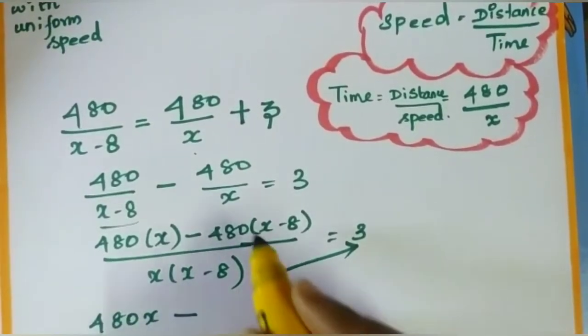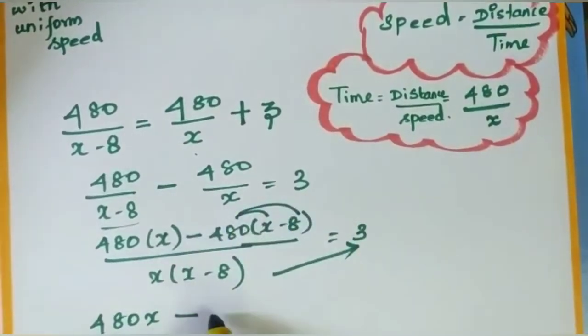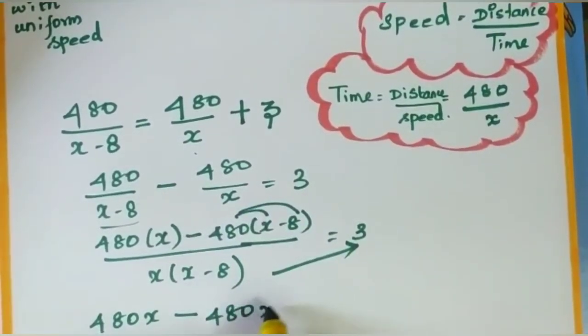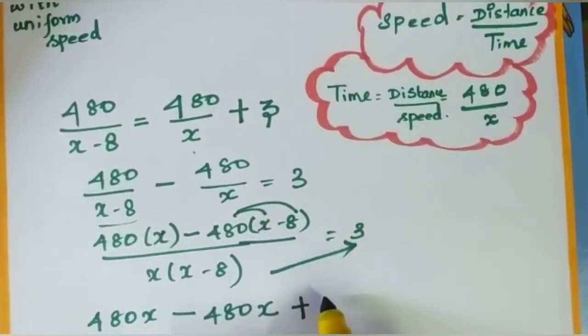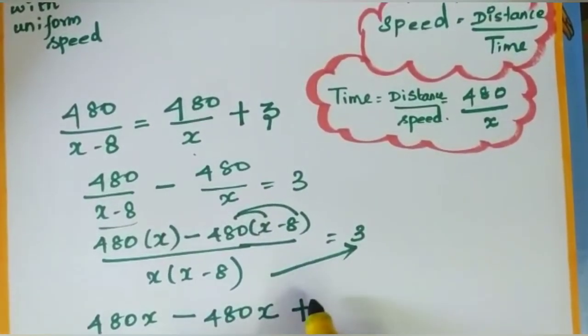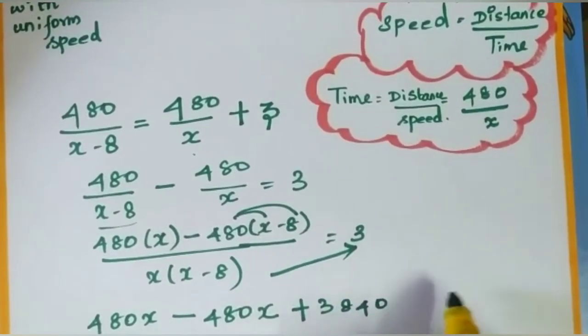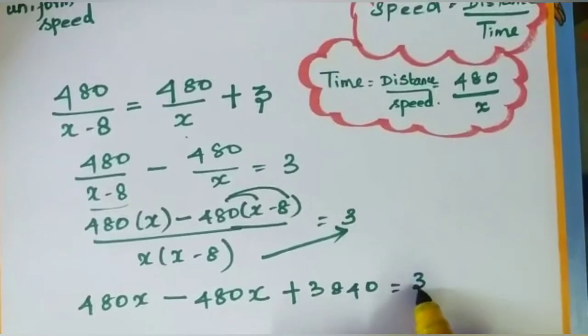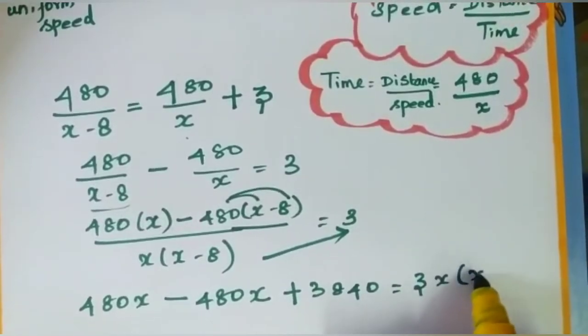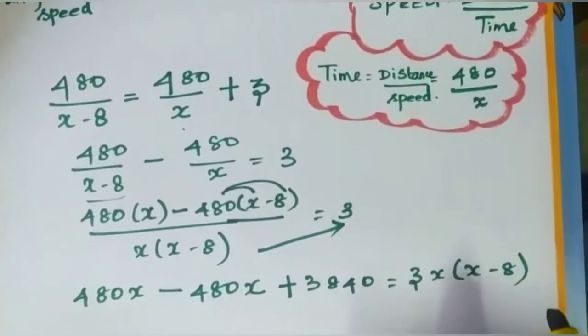480x minus, multiplying like this, 480x minus into minus plus 480 into 8 is 3840, is equal to 3 into x into x minus 8.